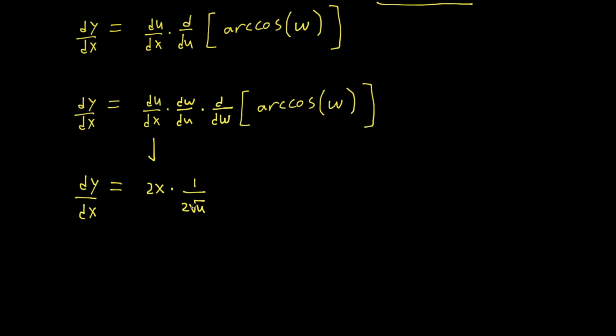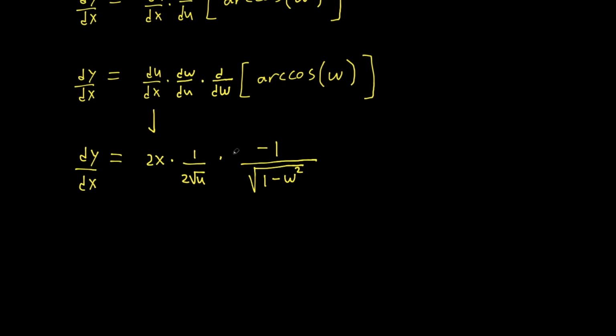And then the derivative of arc cosine of w, we solved in the main derivation video that the derivative of arc cosine is negative 1 over the square root of 1 minus w squared. Looks like these 2's are going to cancel out, and this x times 1 is going to be x, times negative 1 is going to be negative x.